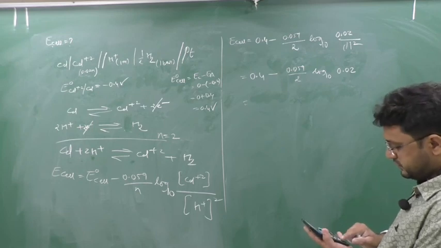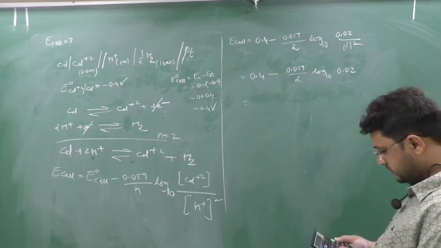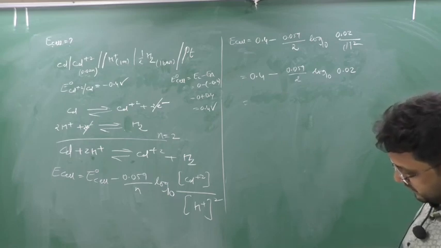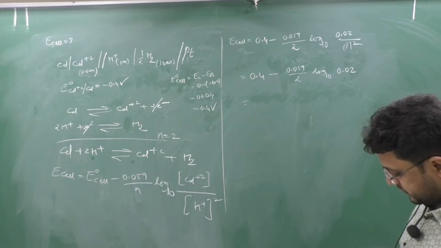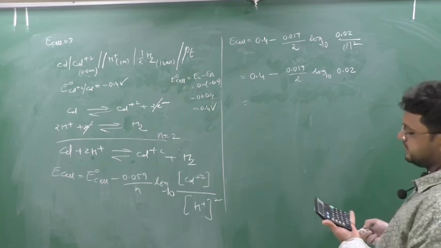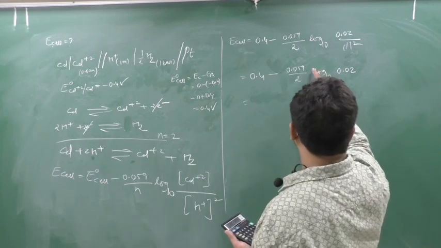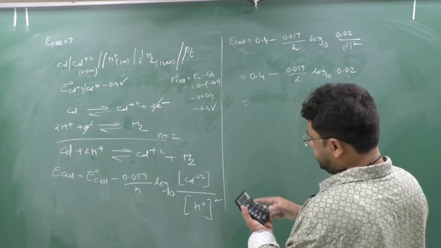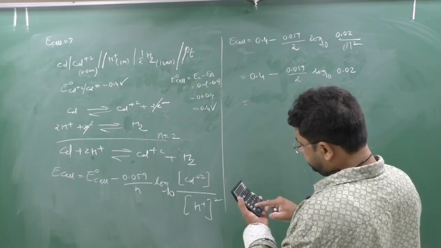So 0.02. 1, 2, 3, 4, 5, 6, 7. Okay, so I got minus here, then I will multiply this answer by 0.059, and I will divide by 2.